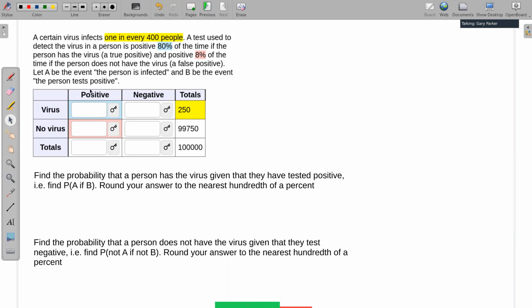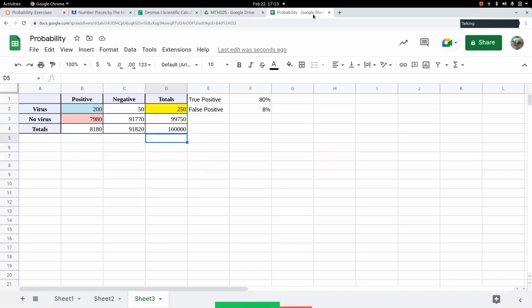So in this case, I'm just focusing on the positive column. So again, find the probability that a person has the virus knowing they tested positive. So virus if they test positive. So probability they have the virus. I'm going to use the vertical bar we use for probability, knowing they tested positive.